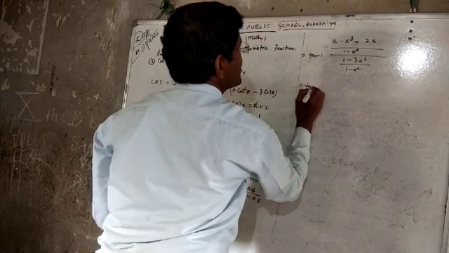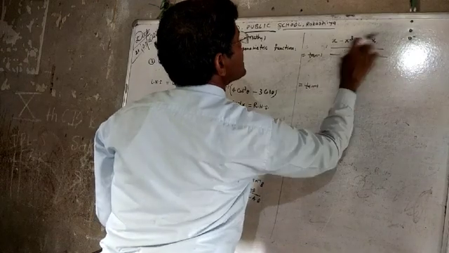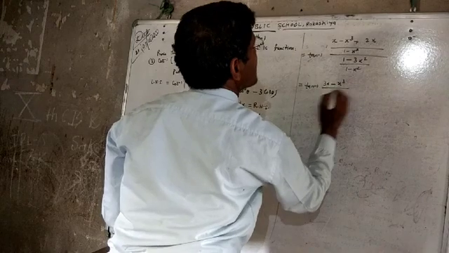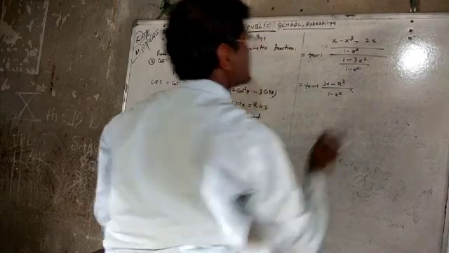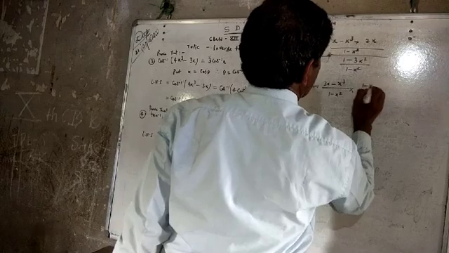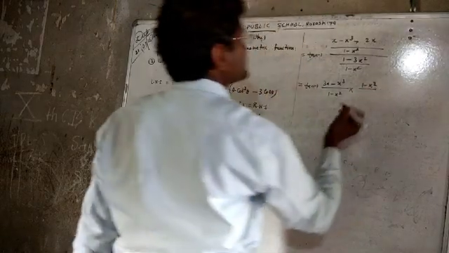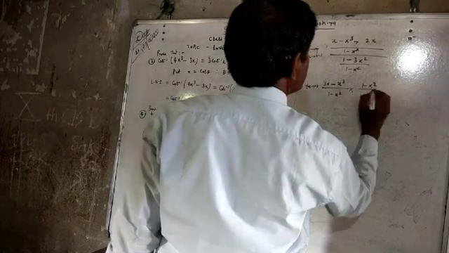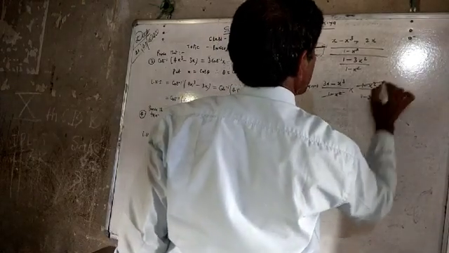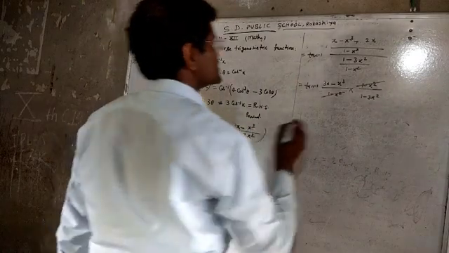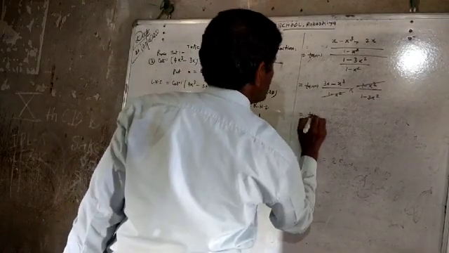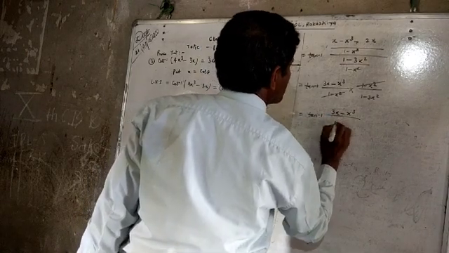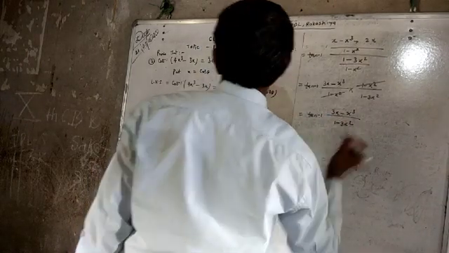X plus 2x is equal to 3x minus x cube, upon 1 minus x square, and 1 minus 3x square as the denominator. 1 minus x square and 1 minus x square are cancelled. Then the value we get is 3x minus x cube upon 1 minus 3x square.